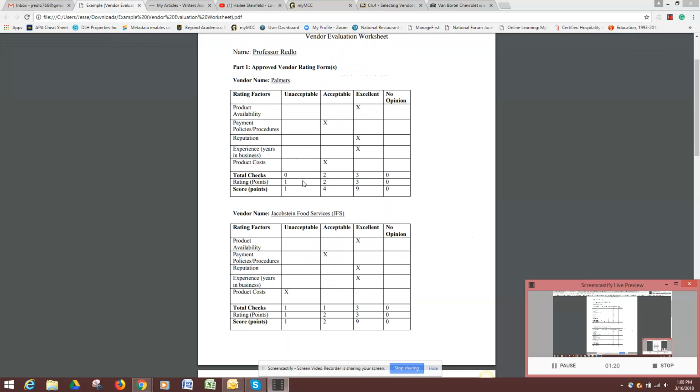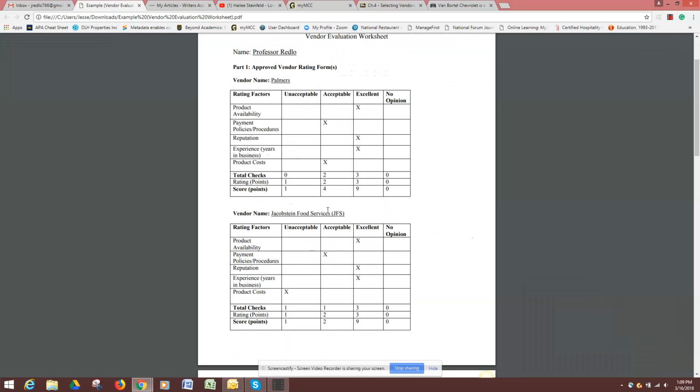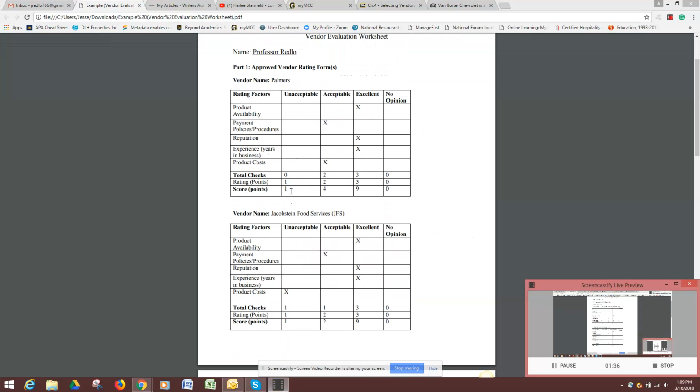So with this in mind, when I go to give them their total ratings, since I gave them 0 checks here, they would have 0 points right here. This is actually a typo. That would be 0 points. Under acceptable, they would have 4 points because I gave them 2 check marks, each one worth 2 points.